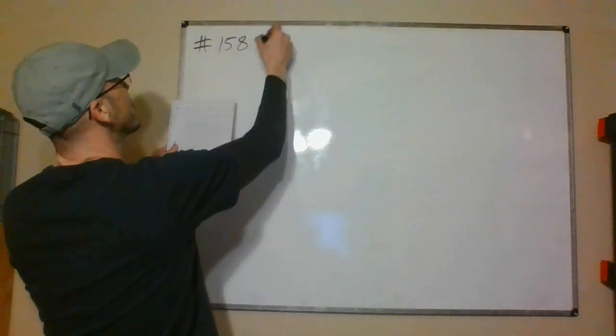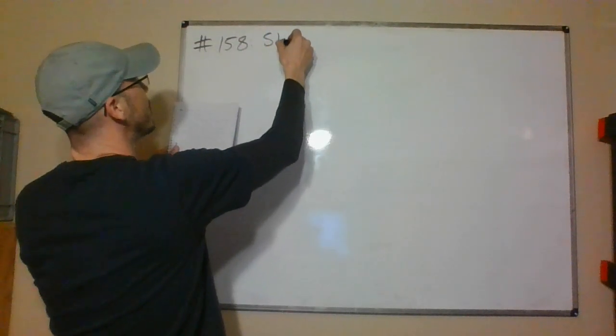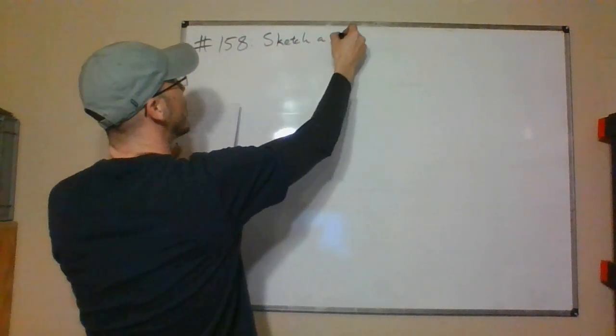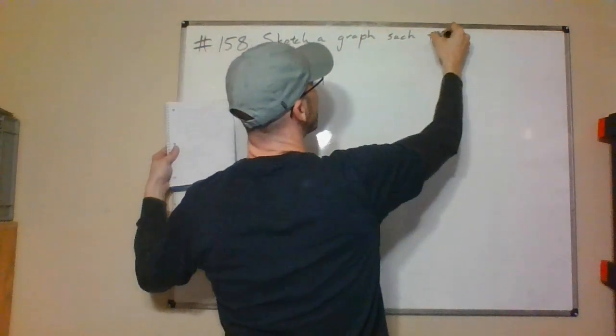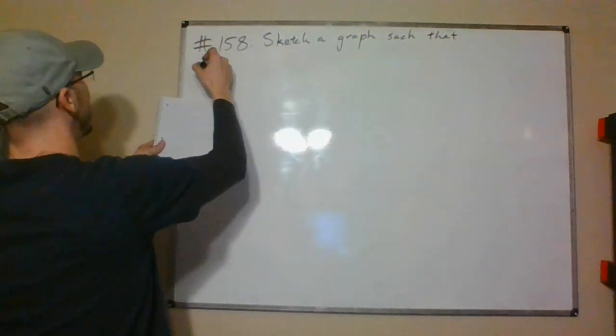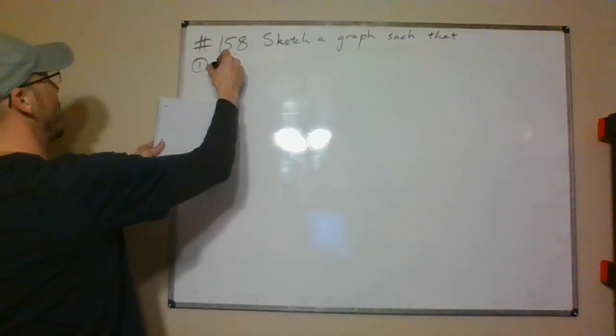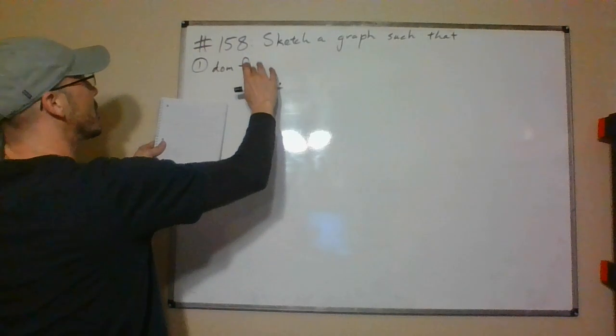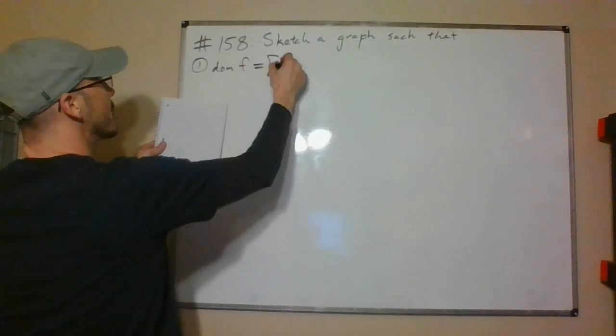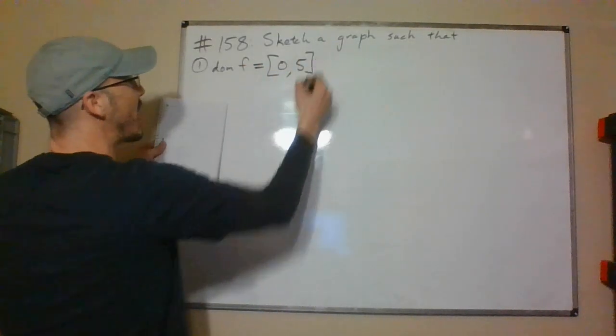It says, sketch a graph such that these four things hold. The domain of the function is the interval from 0 to 5.